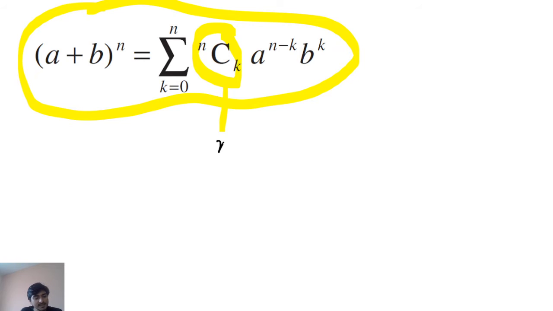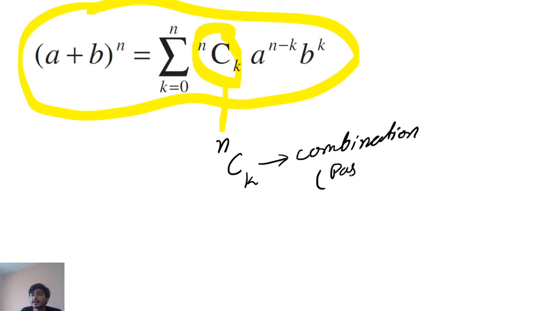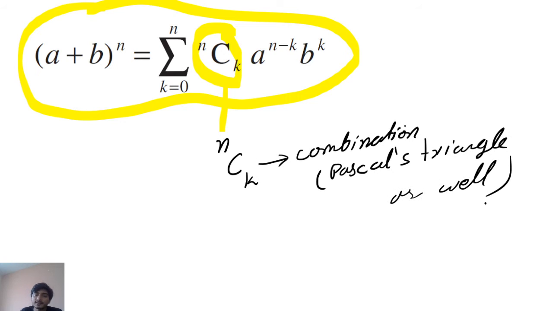This nCk part is known as combination. It has been defined by Pascal's triangle as well, so you can either define it by combination or by Pascal's triangle.